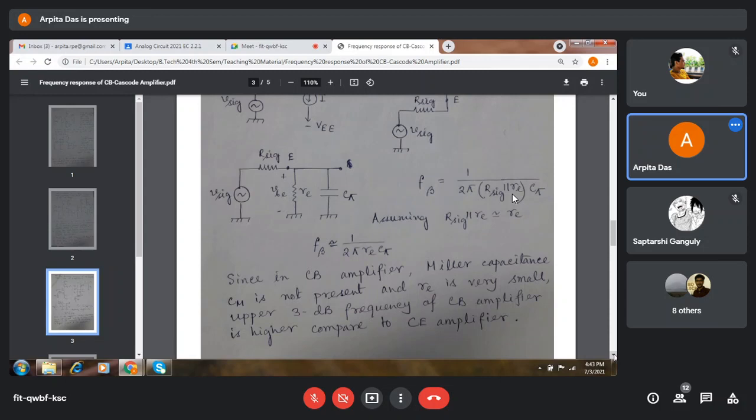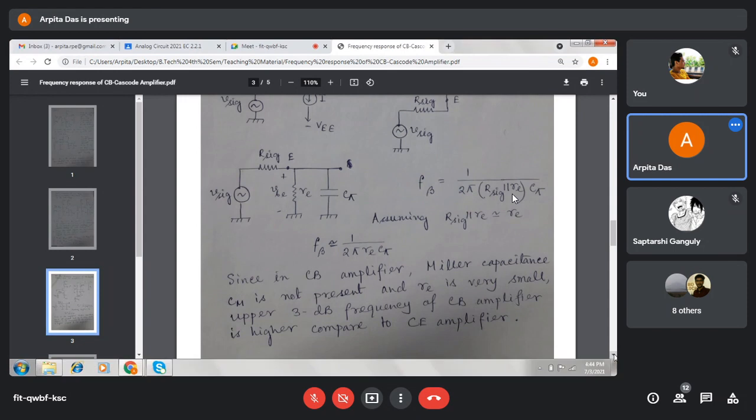But one major disadvantage or limitation of the CB stage amplifier is that it has very low input resistance. The input resistance of the CB amplifier, we have found, is almost equal to small r_e, which is very low. Due to this limitation, the CB stage amplifier cannot be used as a voltage amplifier.